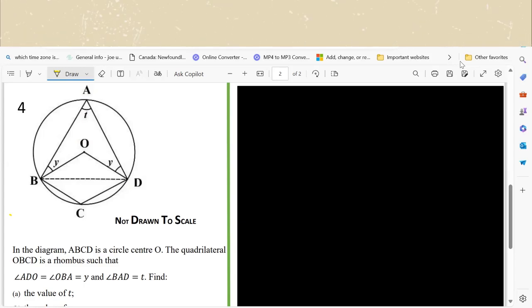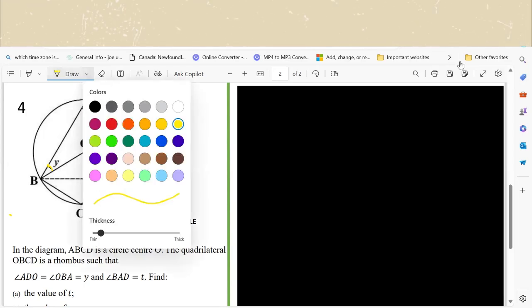Angle OBA is also this angle here marked Y, which equals Y. And angle BAD equals T. We are asked to find the value of T. So we'll go to this diagram now.